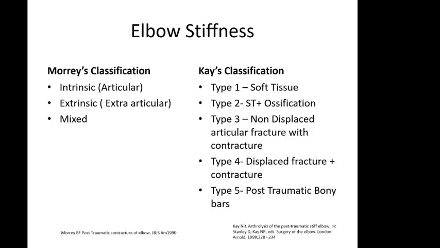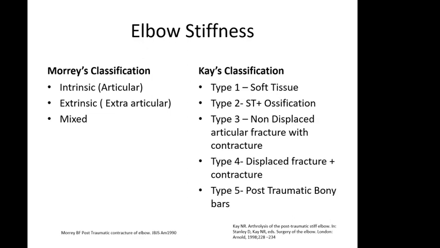Multiple classification systems have been used. This one by Kay is about the structural involvement. The most widely used classification by Dr. Morrey is based on location and etiology, and it comprises intrinsic or articular problems, which could be intra-articular adhesions, fractures, osteochondral defects, and malunions.